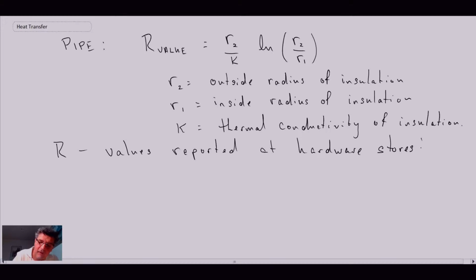You'll see things like R12, R16, R20, and I'm assuming this is for walls. For attics, the number would be larger, but any of these are done using the British thermal unit.